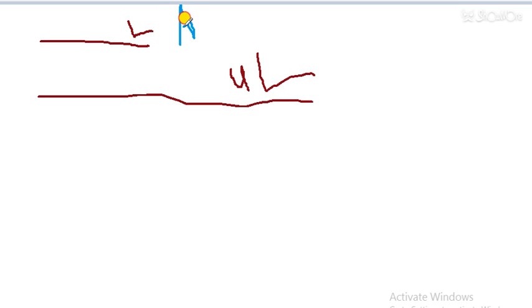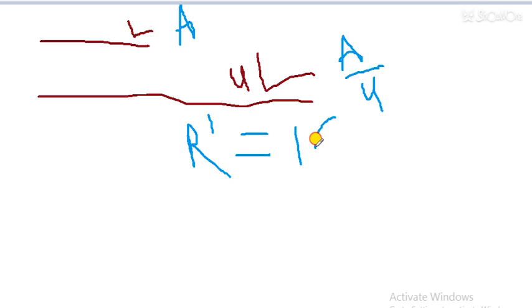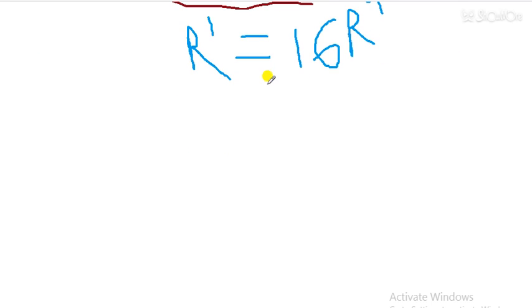Let's suppose earlier its area is A, its new area will be A by 4. Then you can find that the new resistance R dash will be equal to 16 times R, where R is the earlier resistance. You can find it by the long method. I am just going through quick questions.